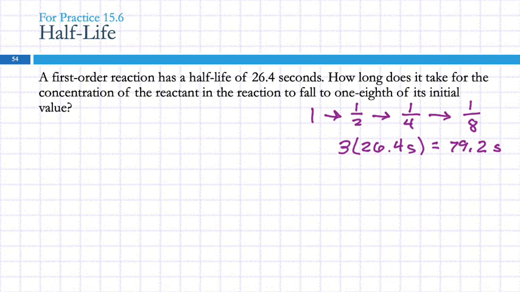What if it was like 1/17 or 29% or something ugly like that? Then we'd have to do the math. So how would we do that? Well, we have our first order reaction integrated rate law.